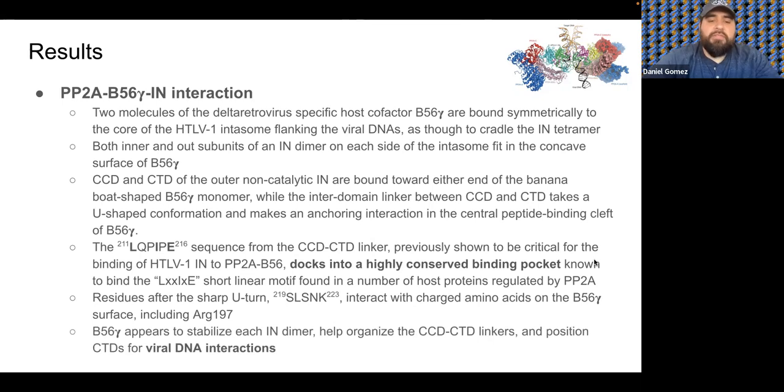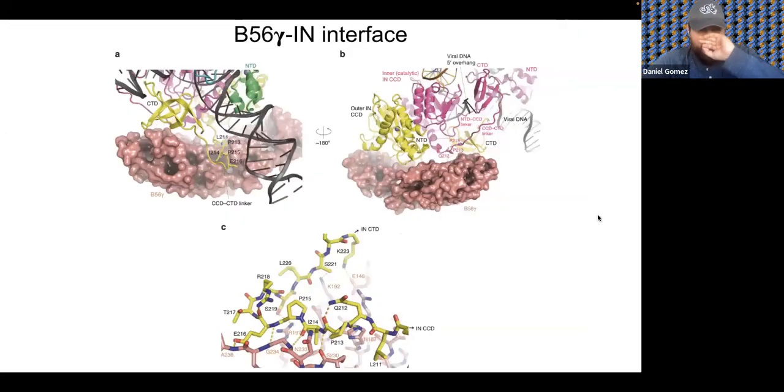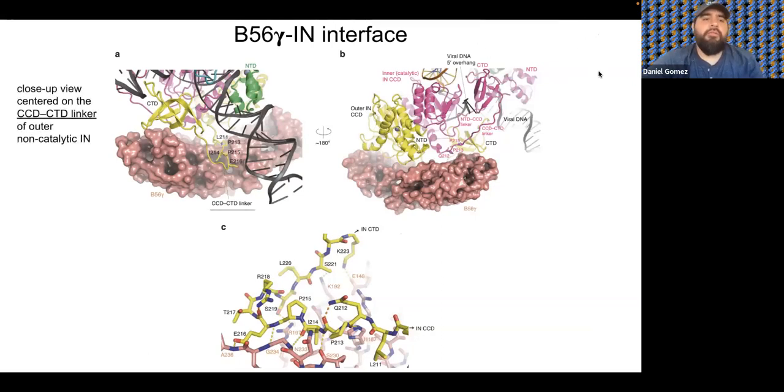So B56 appears to stabilize the IN dimer, and it helps organize these CCD-CTD linkers and position CTDs for viral DNA interactions. Here you can see a close-up view centered on the CCD-CTD linker and the outer non-catalytic IN, and that's right here. So here's the motif, the LQPIPE short linear motif of the CCD linker.